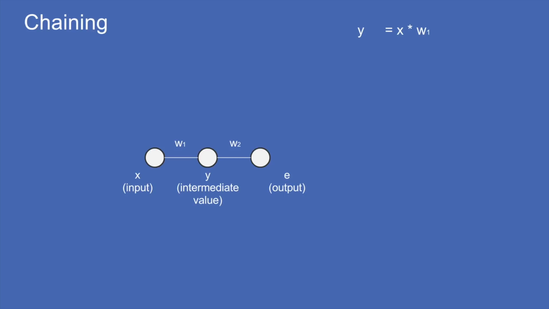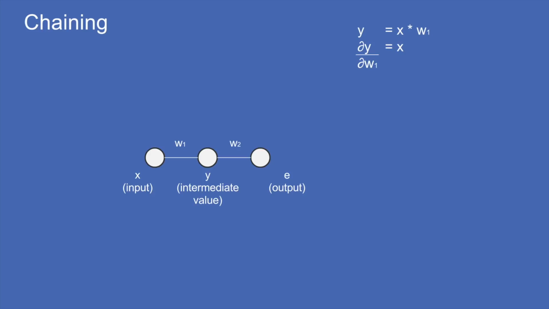Now the other trick that lets us do this with deep neural networks is chaining. To show you how this works, imagine a very simple trivial neural network with just one input layer, one hidden layer, one output layer, and one weight connecting each of them. It's obvious to see that the value y is just the value x times the weight connecting them, w1.